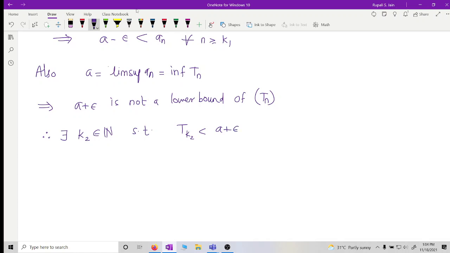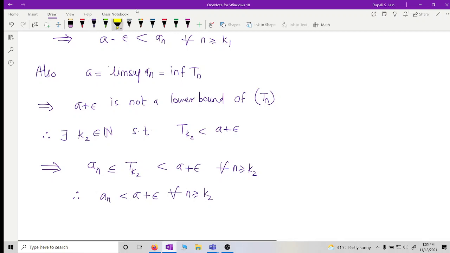Because A plus epsilon is not a lower bound, there exists some term which is less than A plus epsilon. So this implies a_n is less than or equal to t_k2, which is less than A plus epsilon for all n greater than or equal to k2. Therefore, a_n is strictly less than A plus epsilon for all n greater than or equal to k2. Is that right?